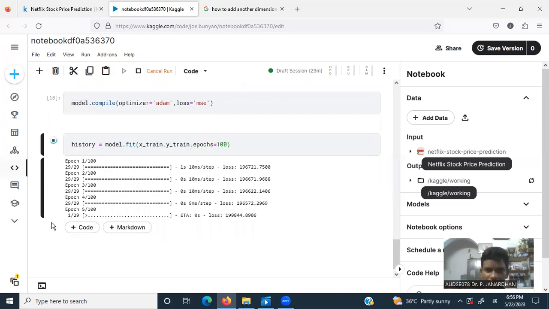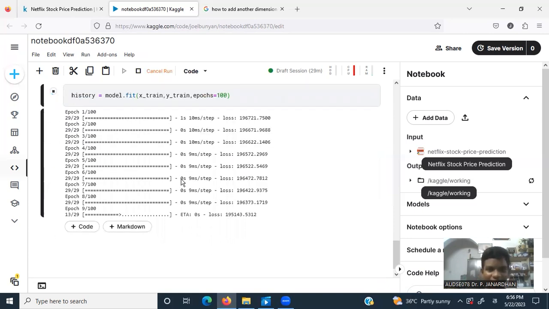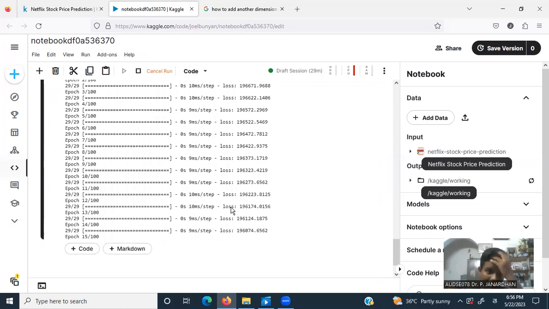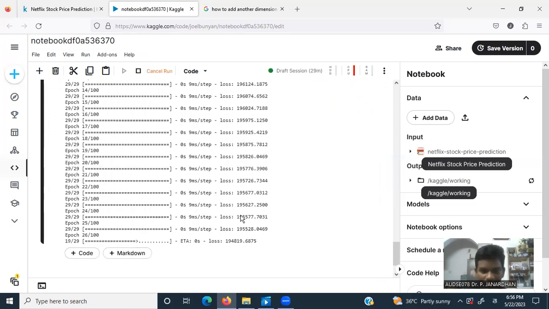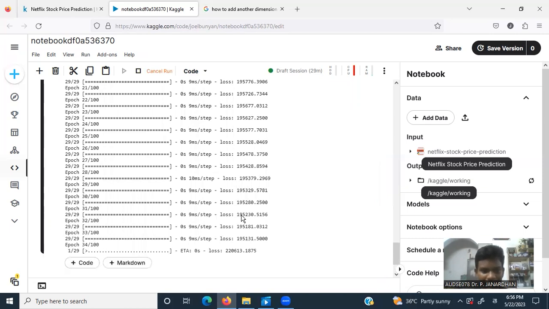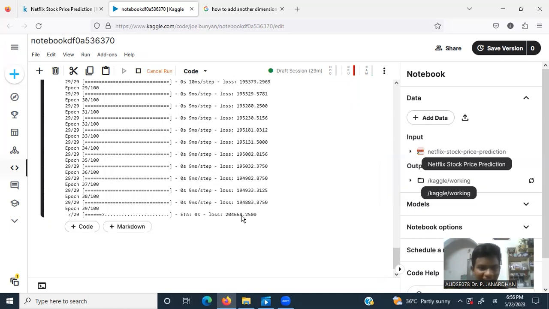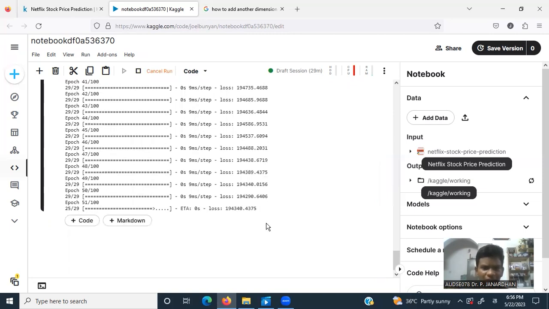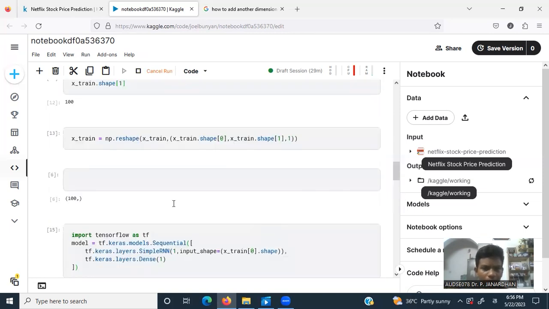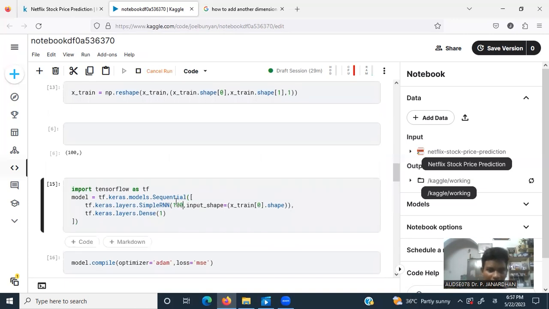Now let's train our model. Okay, it is training. The loss is quite high now, but don't worry, we have a lot of training samples.